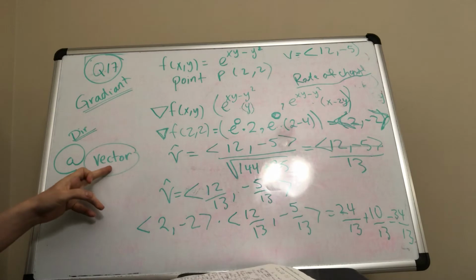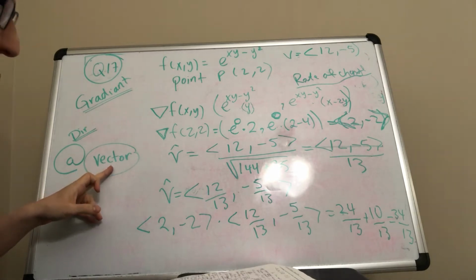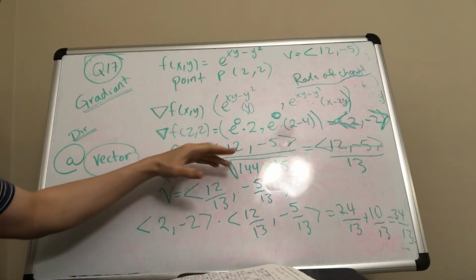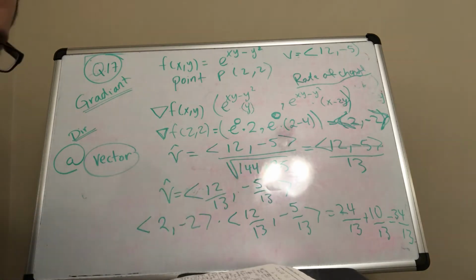If it's in the direction of a certain vector, you normalize it, you find the normal vector, and it's just dot product.